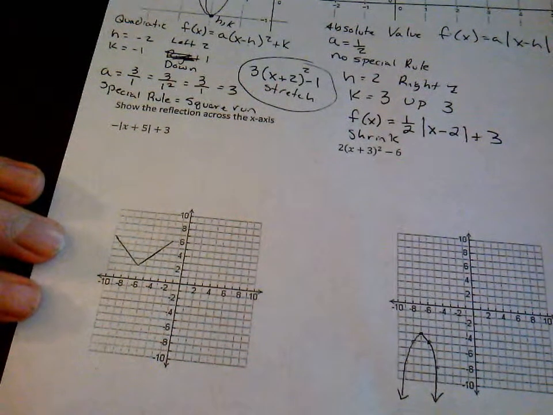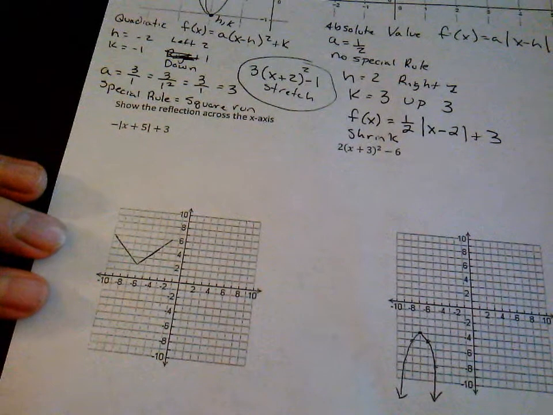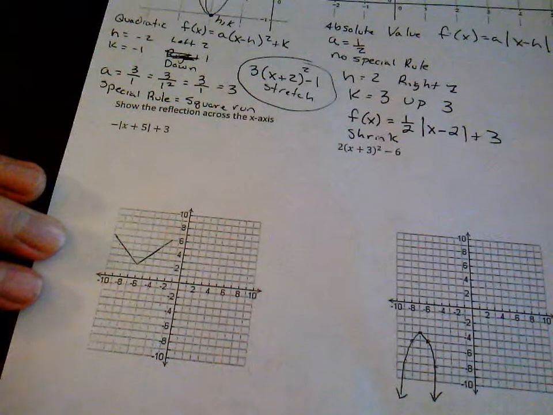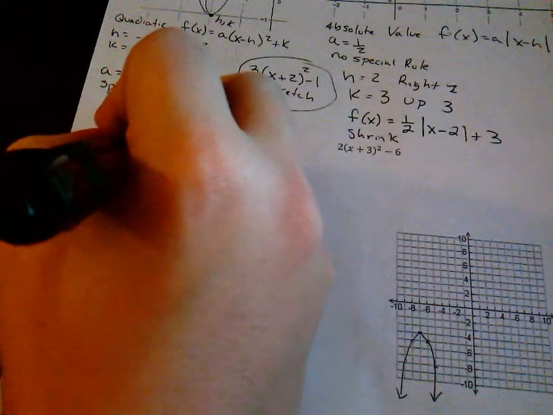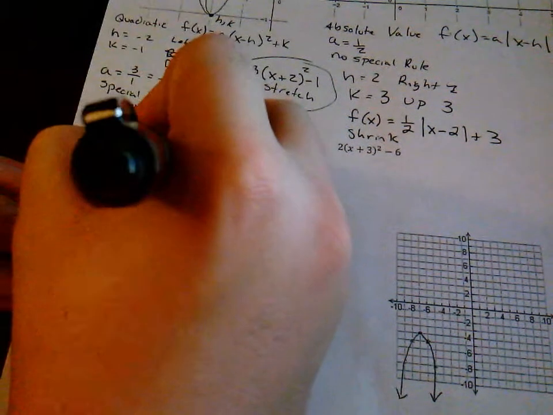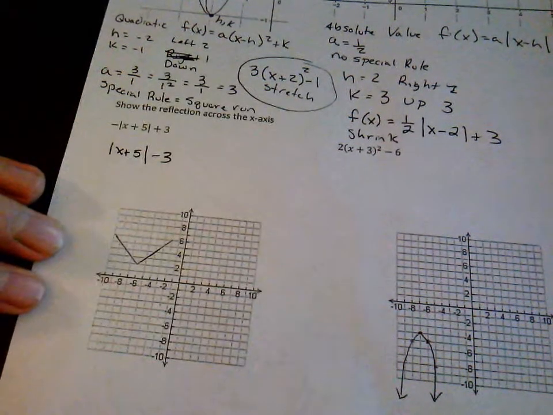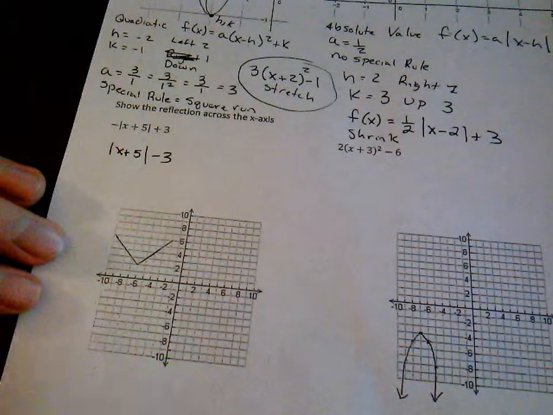Now this one down here, it should be a lot easier than it looks to actually do. To do the reflection, all you have to do is make everything positive. So do you see how this is negative? It becomes positive. X plus 5. And the 3 behind it is positive, so that becomes negative. From there, to do a reflection across the x-axis, all you gotta do is count.